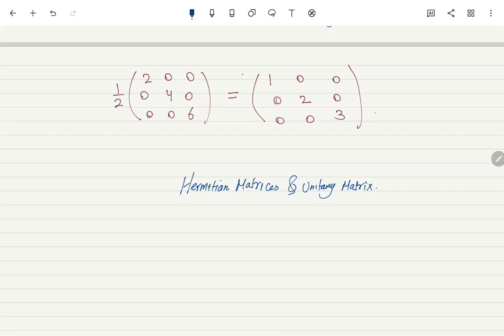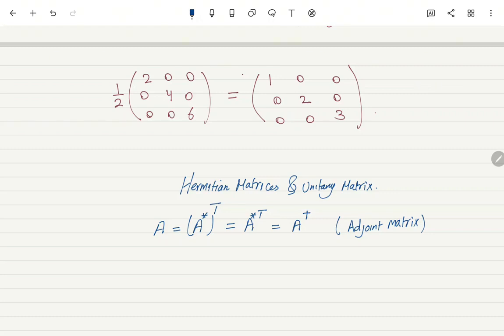So if A is a Hermitian matrix, one can write A equal to A complex conjugate transpose. A complex conjugate transpose is sometimes written as A dagger, and this is called the adjoint matrix.